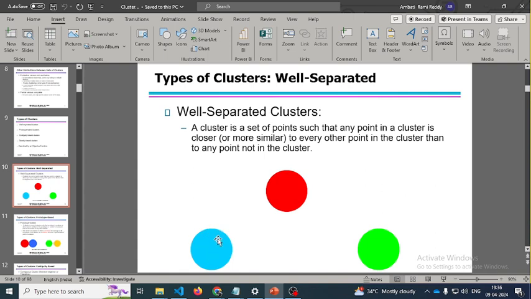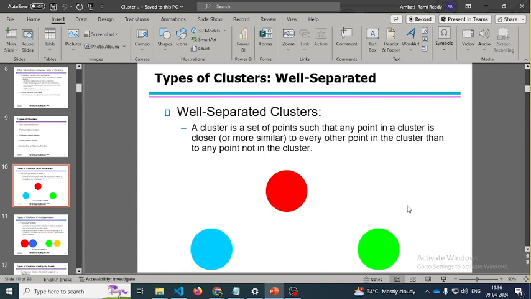But when it comes to this other cluster, it is not closer. Whatever data points are present here are more far. This is called separation. So you have some separation between this cluster and this cluster. If you are doing clusters like this, you may call this well separated clusters. There will be no confusion. This cluster is clear, this cluster is clear, this cluster is clear.